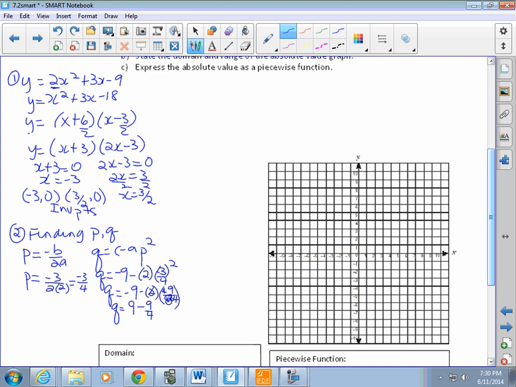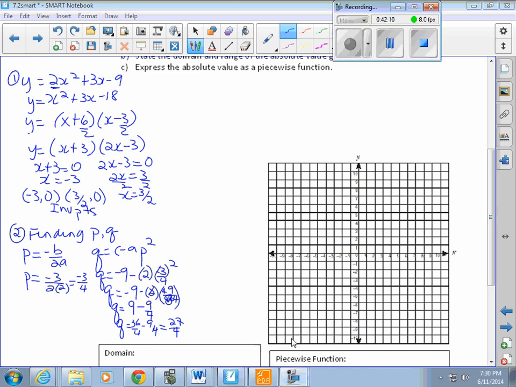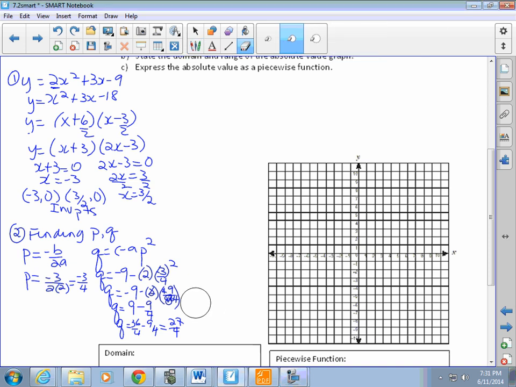Okay, so that leaves me with, if I put that, that's going to be 36 over 4 minus 9 over 4 is equal to 36 minus 9, 27 over 4. Okay, I'm just going to pause and check my math here because I seem to have a different answer than I have on my sheet of paper. Found my mistake, and I did have it right to start with. This should have been 9 over 16.